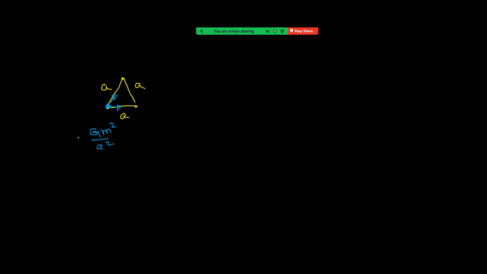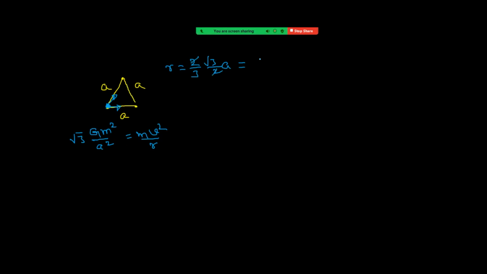Resultant angle is now 60. It is now root 3. This is now the resultant of those two attractive forces, which provides centripetal force, that is m into v square by r, and r value r equal to 2/3 of root 3 by 2a.